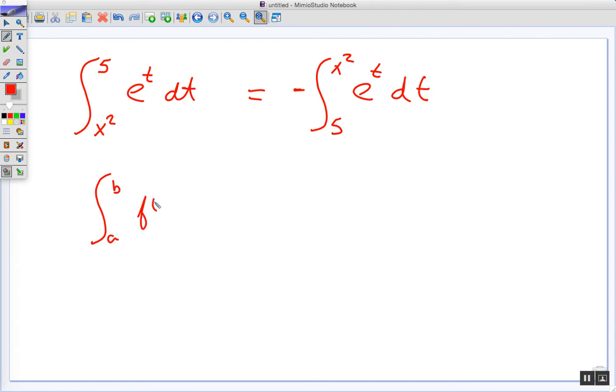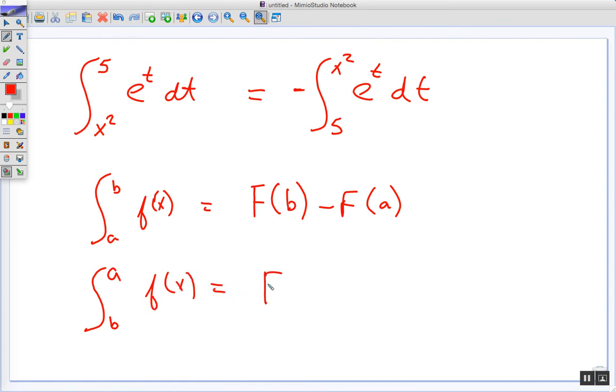Let's just call that f of x. So when we evaluate that, we're integrating and we're evaluating it from b to a. Well, what happens if we flip those?